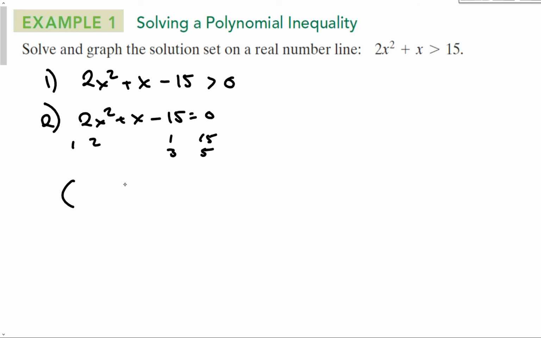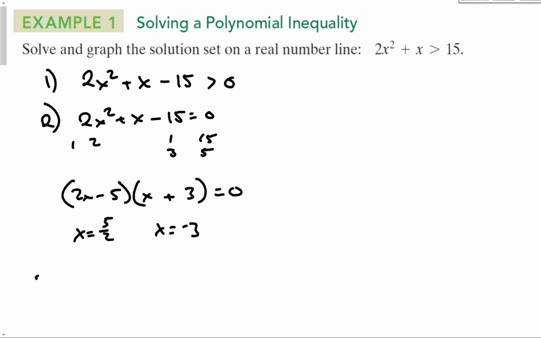So my factors become 2x and x there, and then I want the 3 over there, the 5 there, a minus and a plus, FOIL those together, and I see that it does work. So x is going to be equal to 5 over 2 and negative 3.